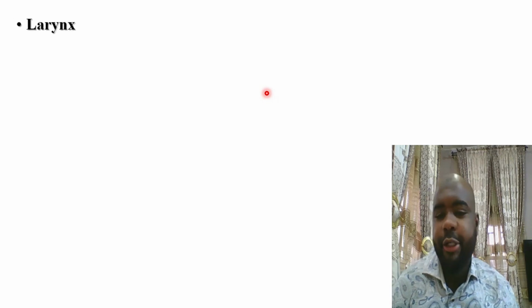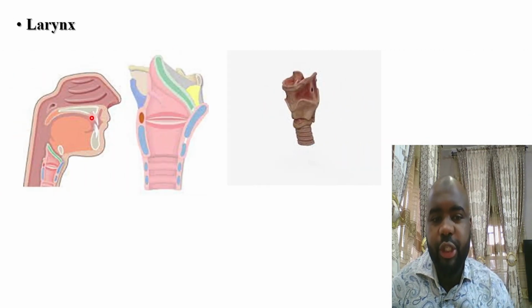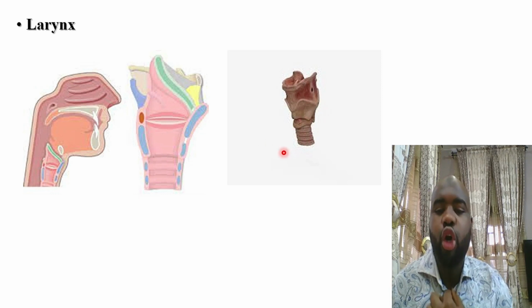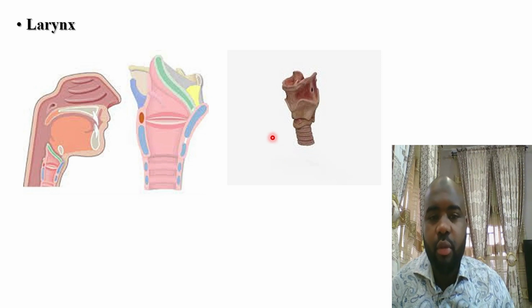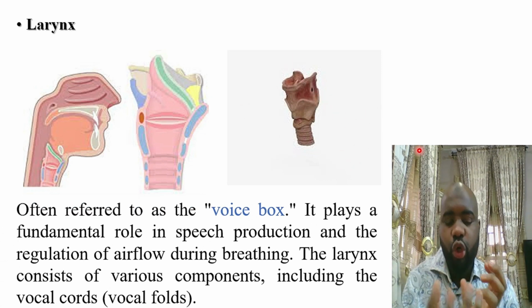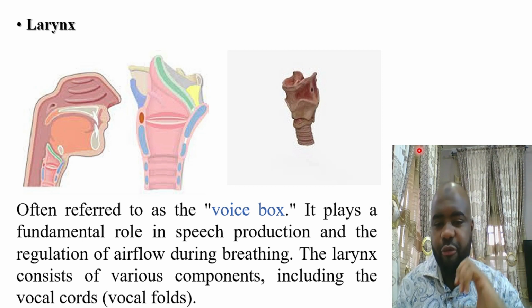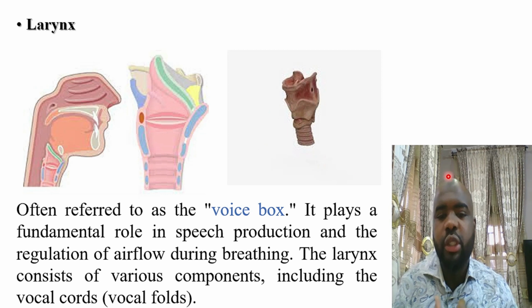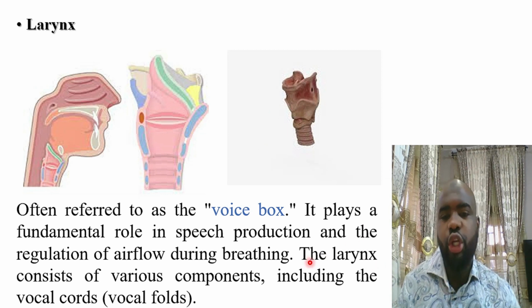Then the larynx. This is it. Immediately after the trachea, then you come to what? The larynx. Inside the larynx is what? The voice box, the vocal folds. This is otherwise called the voice box. It plays a fundamental role in speech production and the regulation of airflow during breathing.